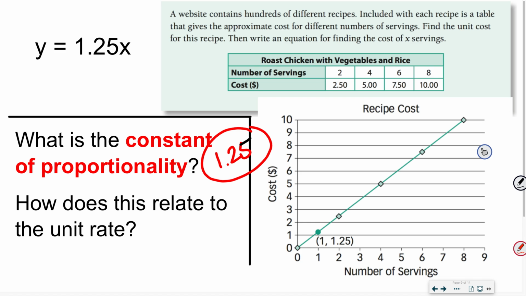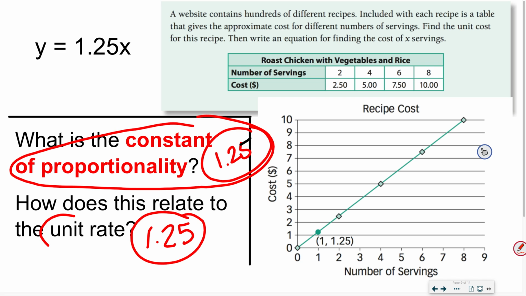What else is 1.25? Unit rate. The unit rate. So what do you think we could say about the constant of proportionality and the unit rate? They are the same thing. The constant of proportionality is the unit rate. Why is it called two different things? That's a good question, and I can't be 100% quoted on this, but the way I would explain it is that depending on the situation, in a real world scenario like this, it's a unit cost, right?